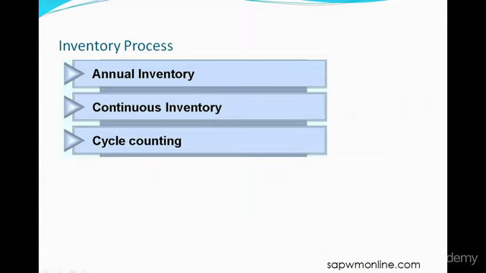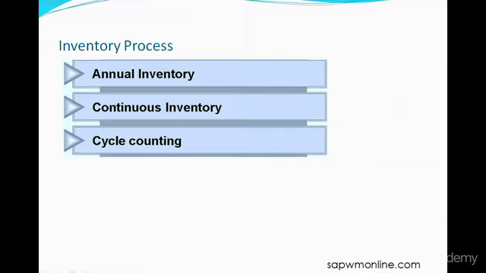Continuous inventory, as the name suggests, means you would be doing the inventory continuously. In this inventory process you select a particular area or a certain number of bins or a storage type that you would want to include for inventory, so that you can do it daily, or quarterly, or at a frequency that you want.